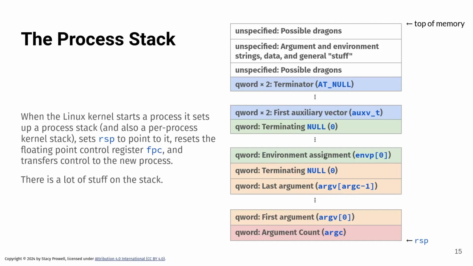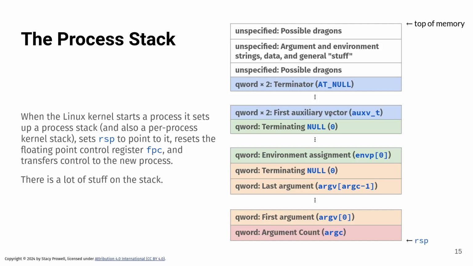And then you have the environment strings terminated with a null. Those are the environment strings, like your home area, the current path environment, basically all the environment variables that have been passed to your program when it started. And you can control that too. execve will let you set those.